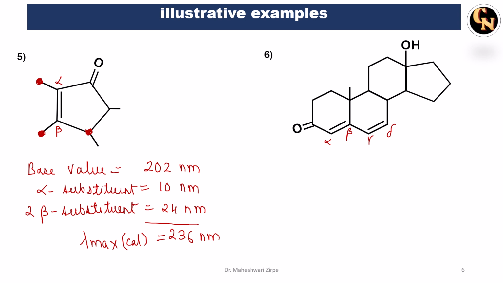Now the Enone is in a six-membered ring, so our base value will change again. How much is it, students, for a six-membered ring base value? It is 215 nanometers. Very good. Then there are alpha, beta. For beta, how many substituents are there? This is one and this is the second. So 2 beta substituents.